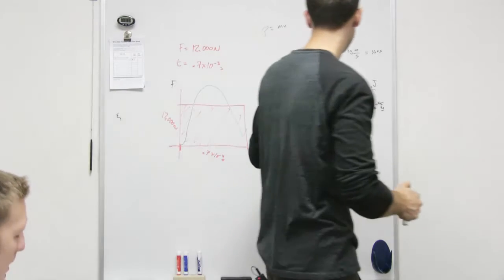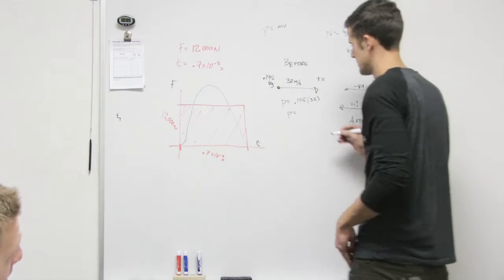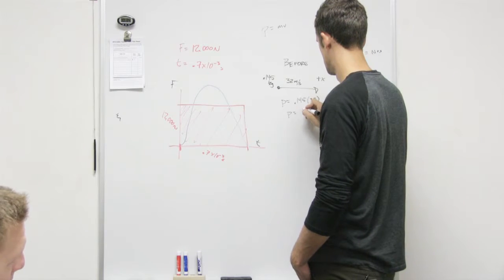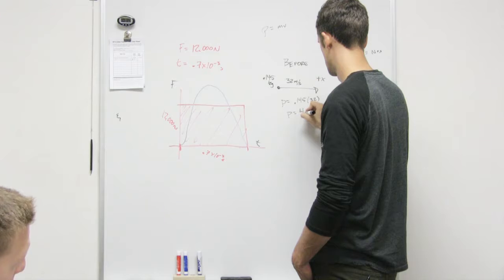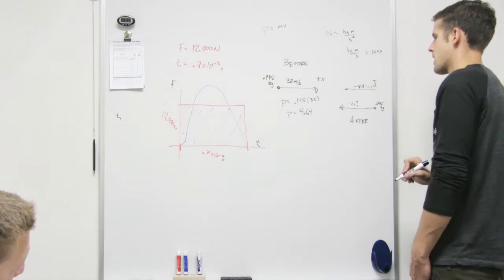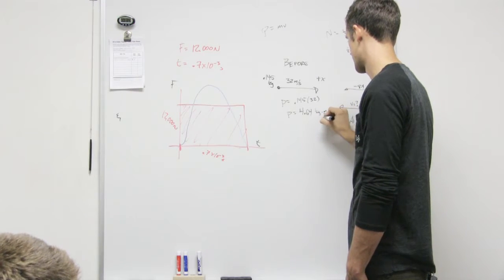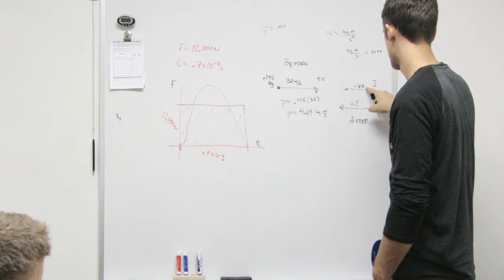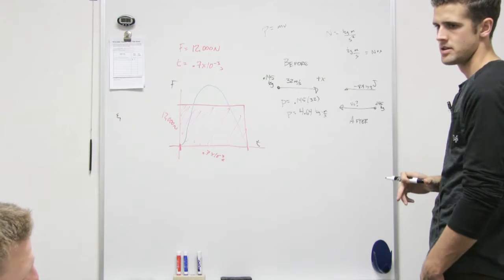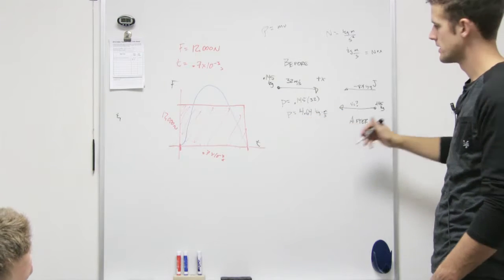So what does this end up being? 0.145 times 32. And the units on this would be kilograms times meters per second, which is the same as this one. So this was your momentum before, and there's an impulse.